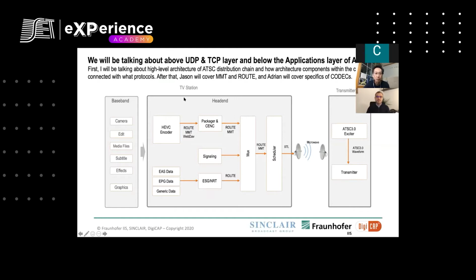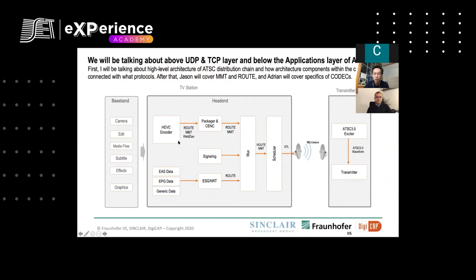Okay, so as you can see, this is the head-end in the distribution chain. We call it ATSC 3 in a distribution chain. On the left-hand side are all the content sources, and then the encoders in between, and all the EAS, EPG and generic data sources.